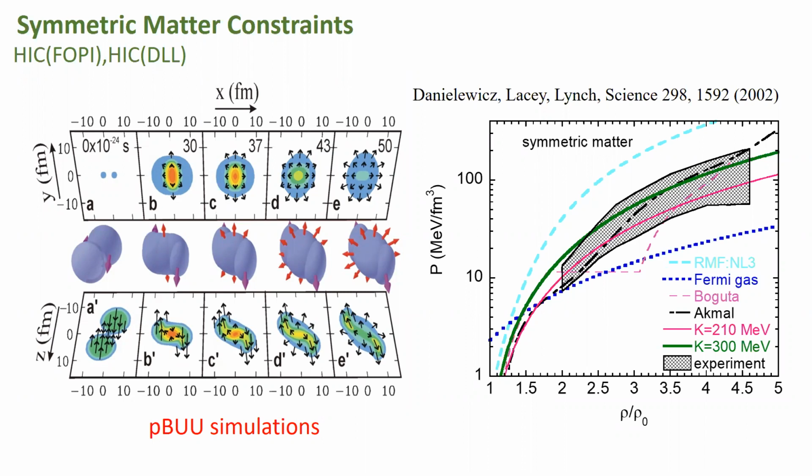If you have a transport model, like a BUU or QMD, transport is certainly reasonable over this energy regime. You're not really in the quark dominated domain. Then you could parameterize basically your potential energy, and you parameterize the energy stored for zero temperature matter.